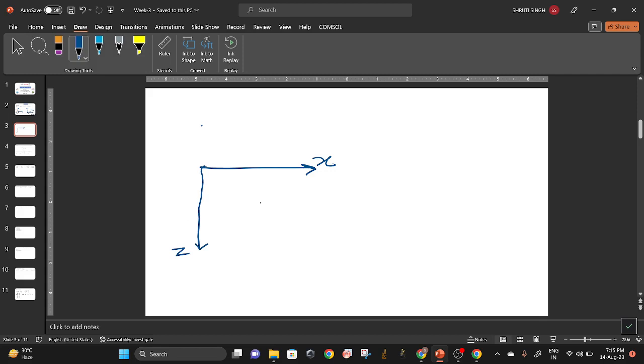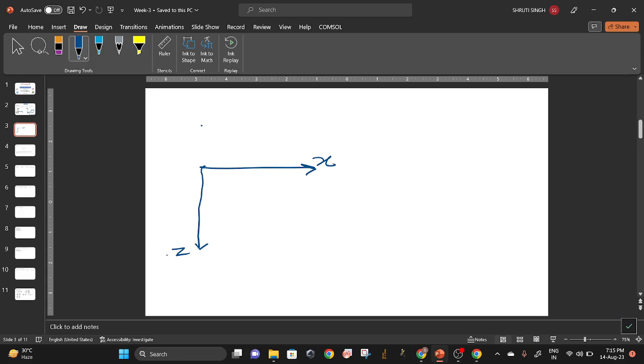Okay, this one you want me to write, right? So is this positive z or negative z? This is positive z.